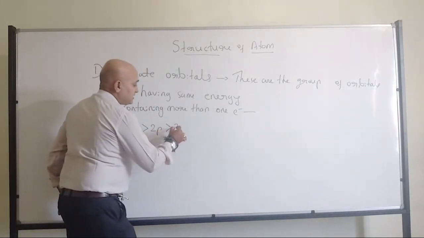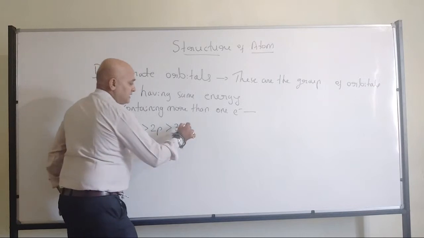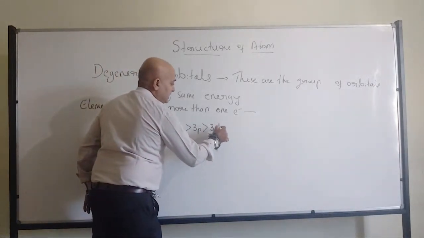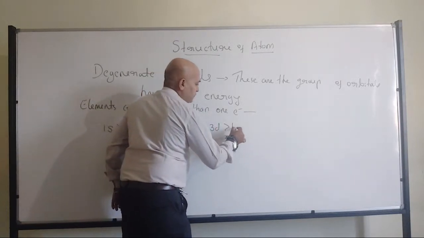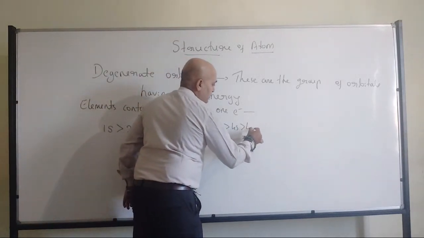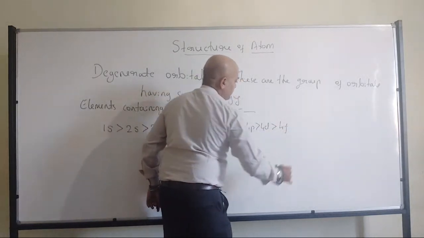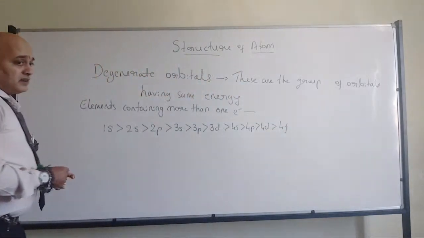Then comes 3s, 3p, 3d, and in the same way 4s, 4p, 4d and 4f. So what is happening?